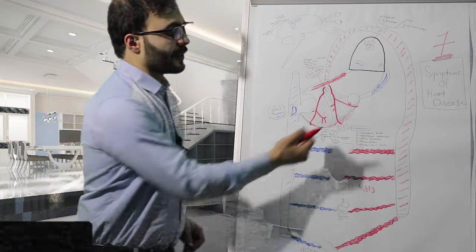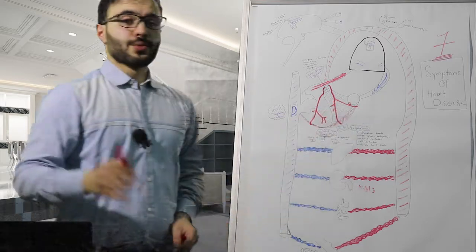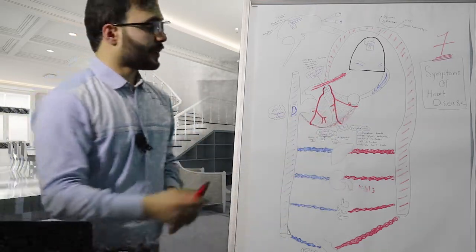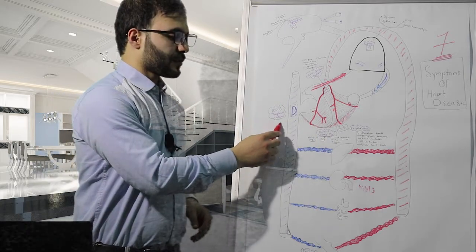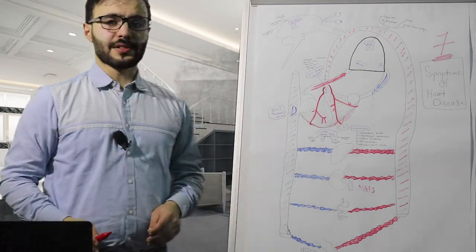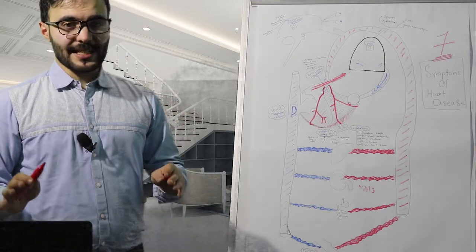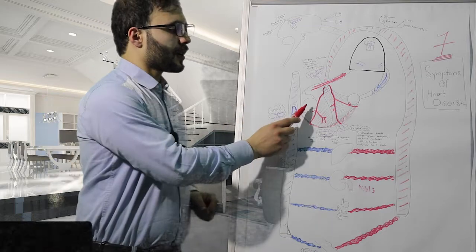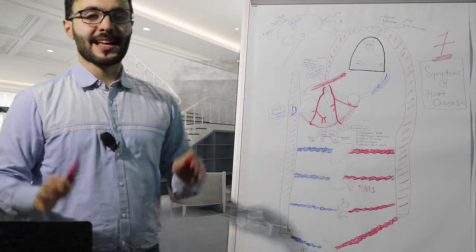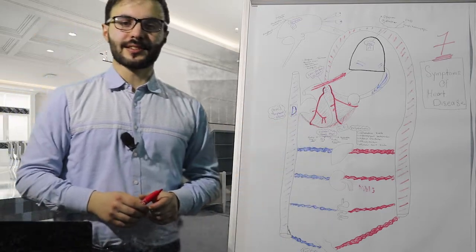Now, problems in the left-sided heart will cause blood to accumulate in the systemic veins, causing systemic venous congestion. So, the sixth and the seventh groups of symptoms will be arrhythmias or palpitations and symptoms of systemic venous congestion.